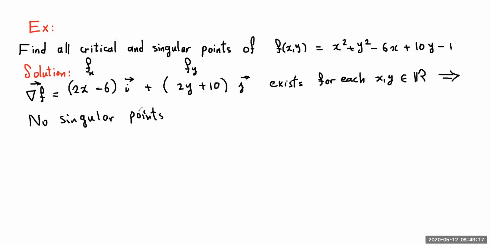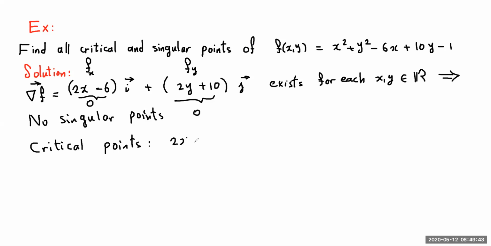Okay, now let's find the critical points. Let's put this part equal 0, and also this one equal 0.